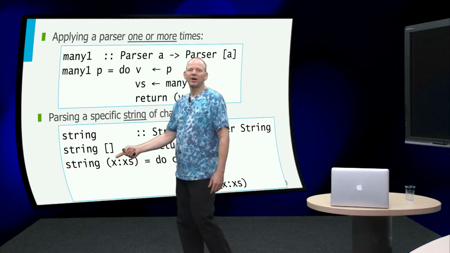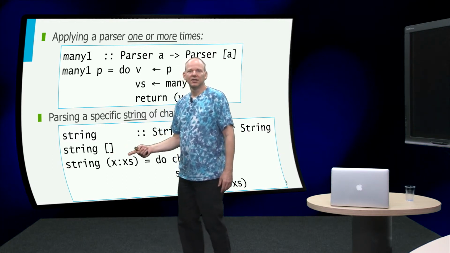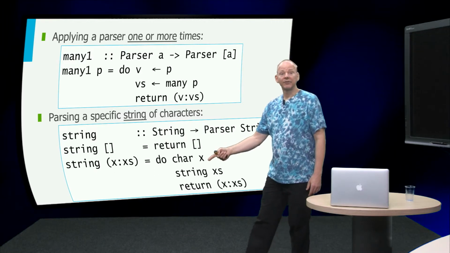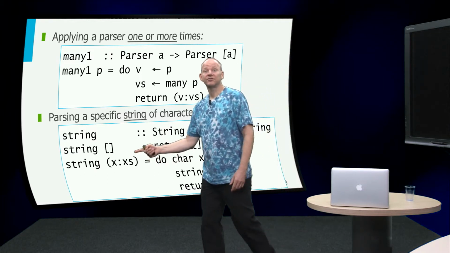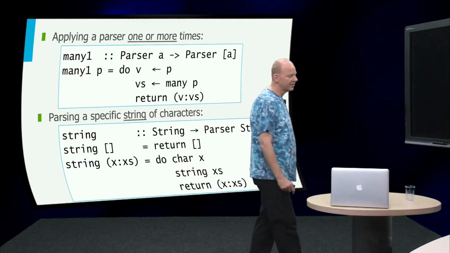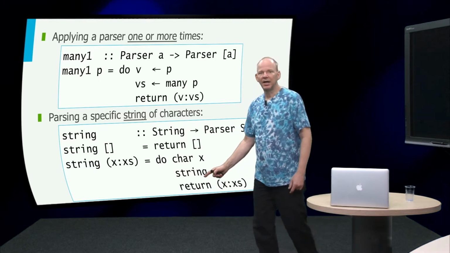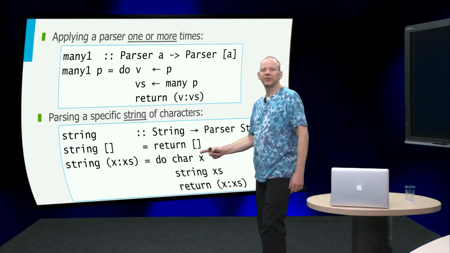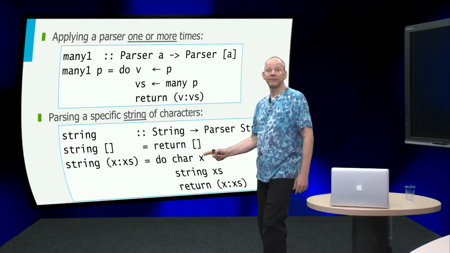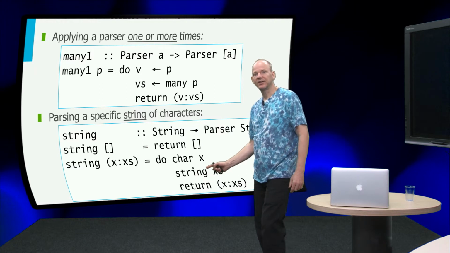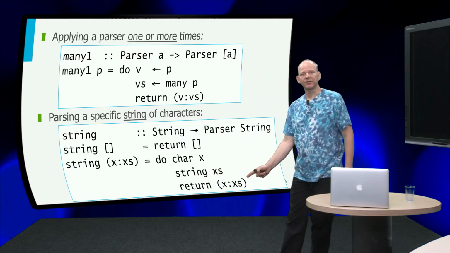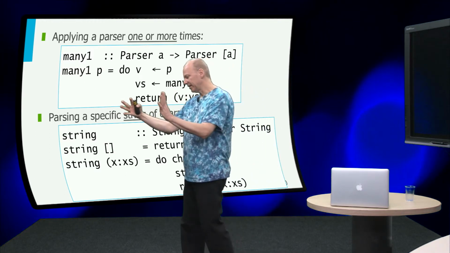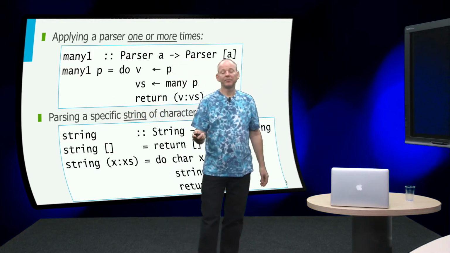If I try to parse the character x cons xs, I try to parse the character x. I recursively try to parse a string that represents the rest of this thing, and then I return the result. Well, I found an x, so I return that, and so I just return the string. So this just checks whether this string is the prefix of my input.